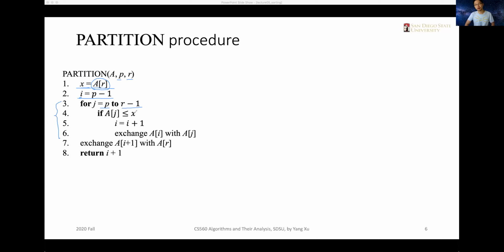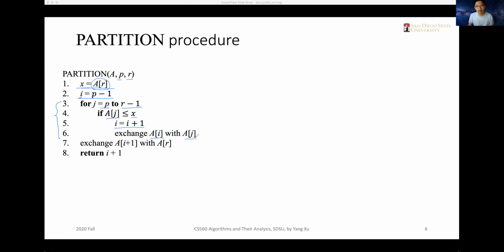Looking at this segment of code, we can see that there is just one short for loop. A for loop without any nested structures, like no 2-layer for loops, is basically a linear running time structure, right? This for loop goes through all elements from left to right and uses an if statement to compare each element with the pivot element. If that element is lower than the pivot, then we increment I by 1 and exchange A[I] with the current element in the iteration, A[J]. So basically we are switching all the elements that are smaller than the pivot to the front of the input array.